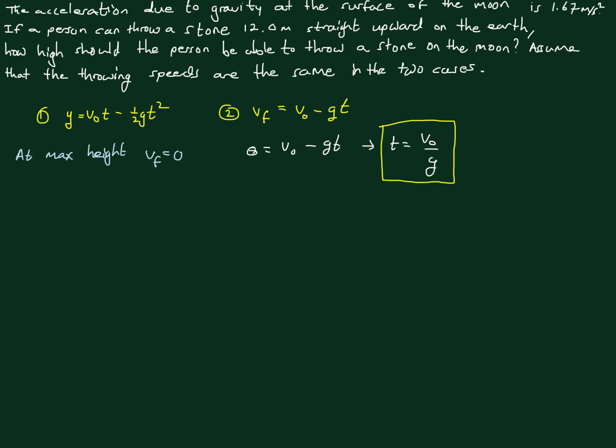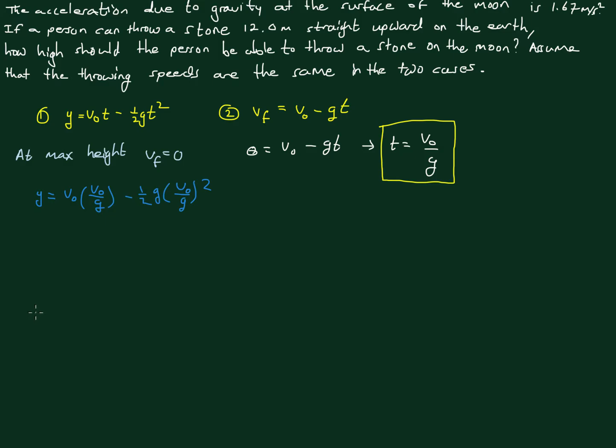Okay, so with that we can write y is equal to v0 multiplied by t, but t is equal to v0 over g. So y equals v0 multiplied by v0 over g minus 1/2 g times (v0 over g) squared.